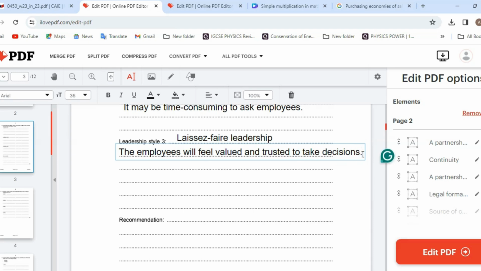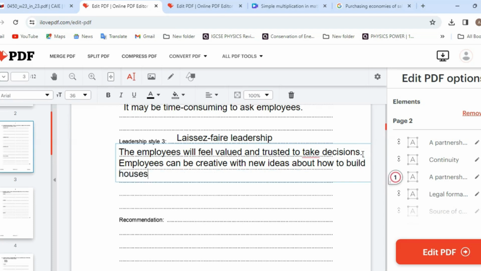The second one is the employees can be creative with fresh or new ideas about how to build houses more quickly.